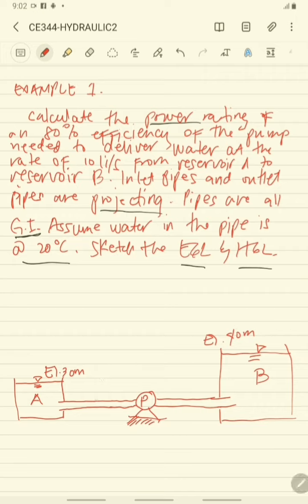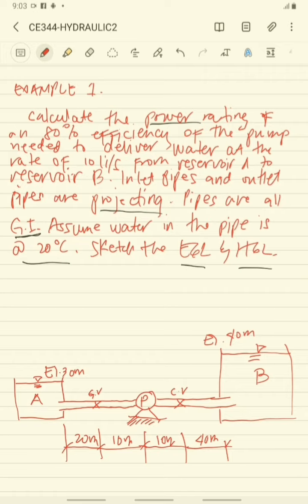We also have here a gate valve, and then a check valve. Then we need also the length of each pipe. So we have 20 meters, then 10 meters, then another 10 meters, then another 40 meters.